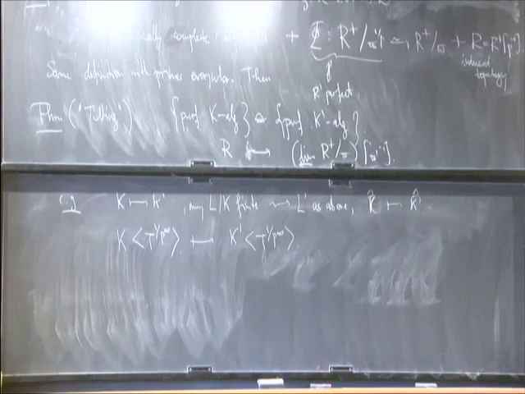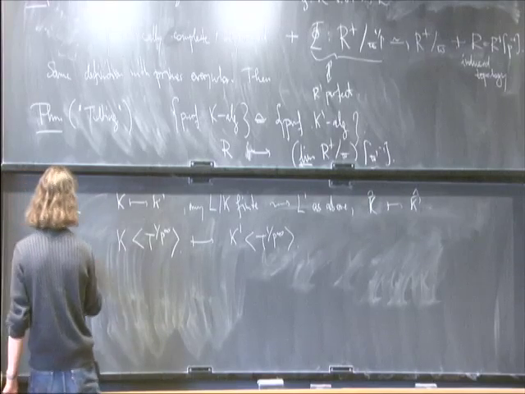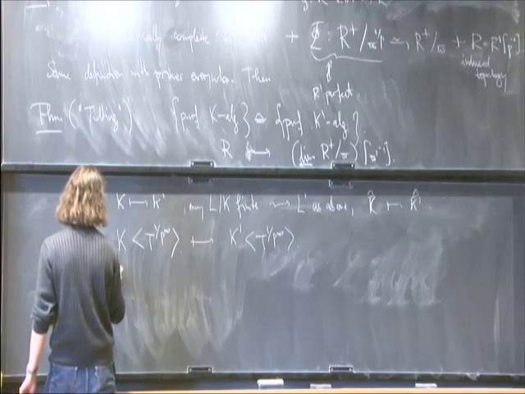Now the next step is to associate spaces to such perfectoid rings, and at least for now I need a certain finiteness assumption to do so.